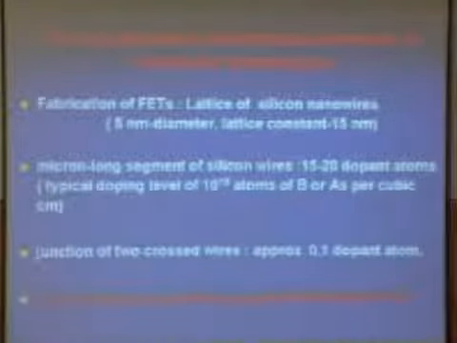So let me take an example. Suppose I want to make a FET, a field effect transistor, fabricated using a lattice of silicon nanowires, say 5 nanometer diameter, with a lattice constant of, say, 50 nanometers. This is a hypothetical example.